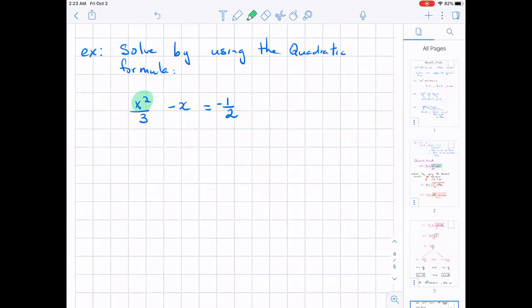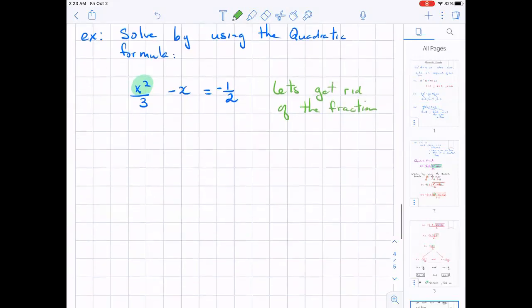So to get rid of the fractions, we'll multiply by the common denominator. In this case, the lowest common denominator is 6.